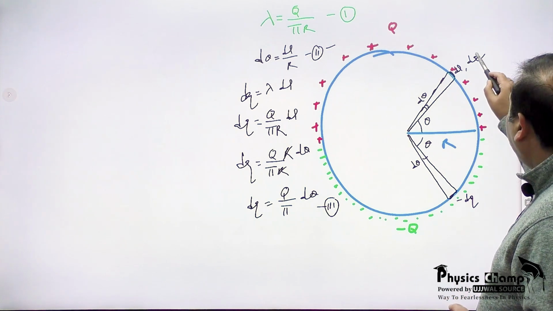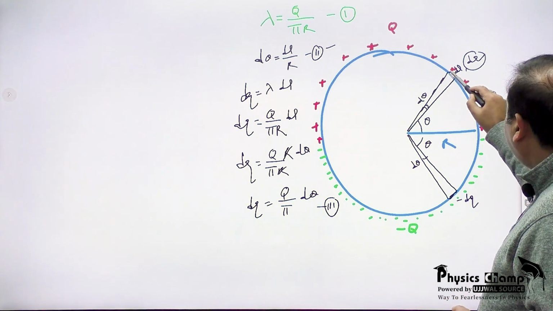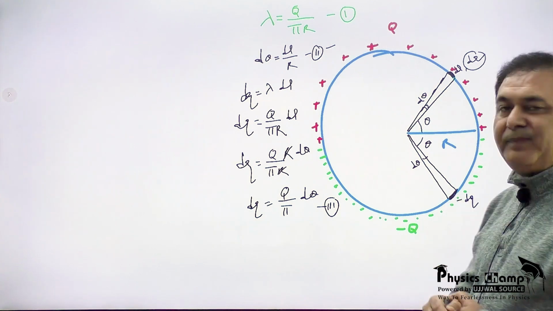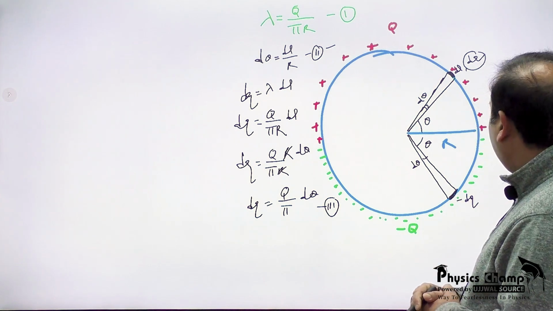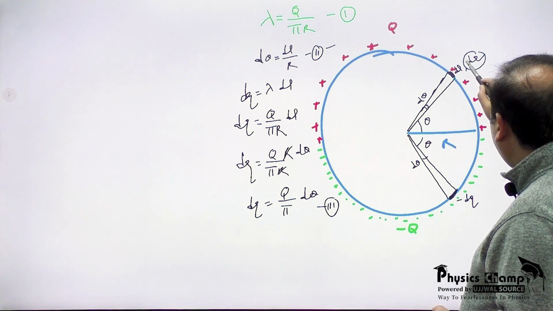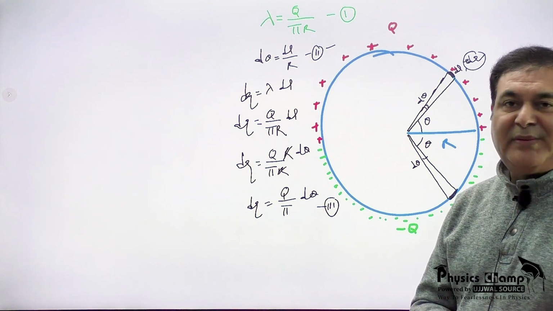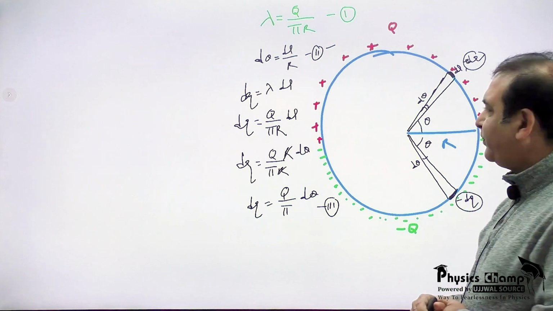I can say it's a combination of a positive charge dq and here minus dq. So this plus dq and this minus dq will form a dipole.